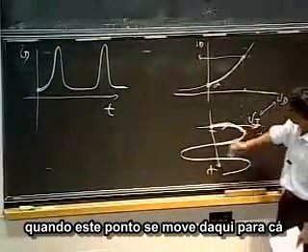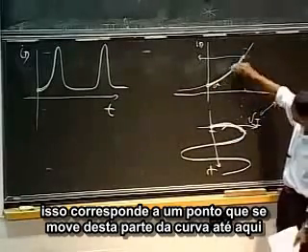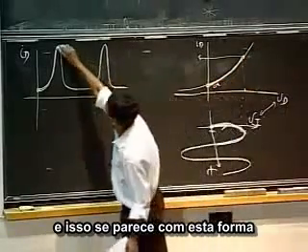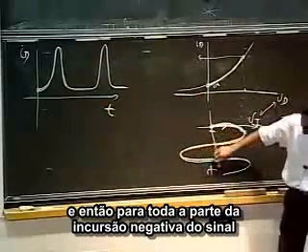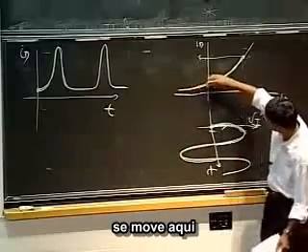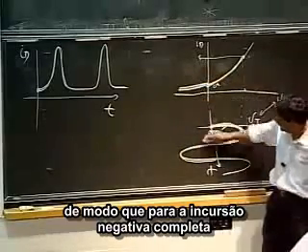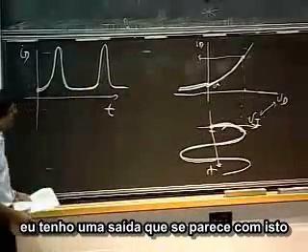When this moves from here to here, that corresponds to a point moving from this part of the curve to here, and that looks like so. And then for the whole negative excursion, notice that the whole negative excursion moves here. So for that entire negative excursion, I get an output that looks like this.